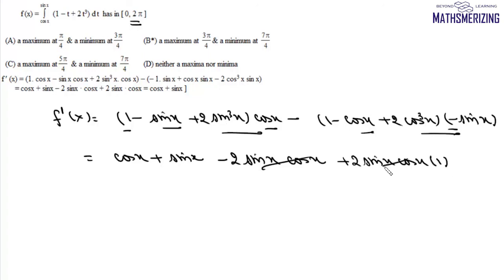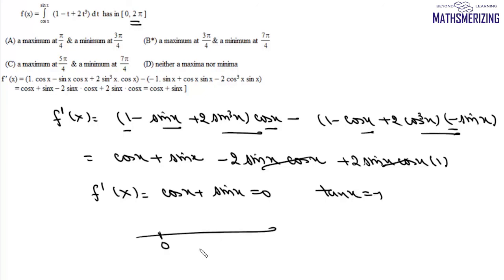So here 2 sin x into cos x will cancel. So we'll get f'(x) as cos x plus sin x, and if we put it equal to 0, we'll get this condition that value of tan x is −1. Now in 0 to 2π, the value of tan x is −1 at 3π/4, and in the fourth quadrant, which is 2π − π/4, that is 7π/4.